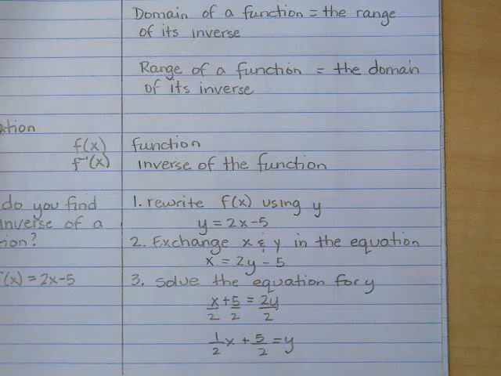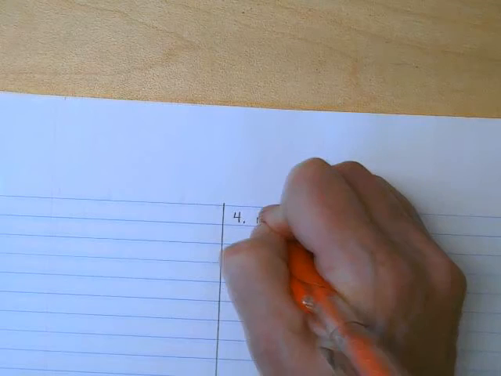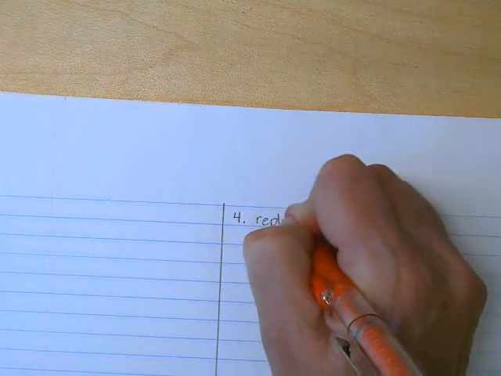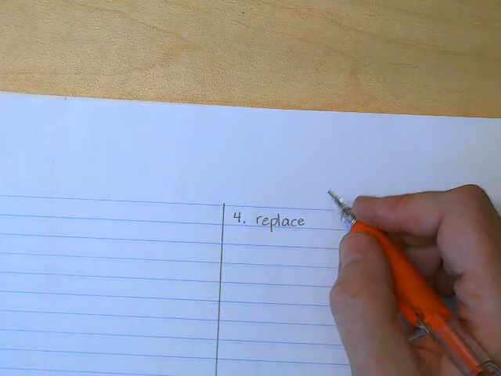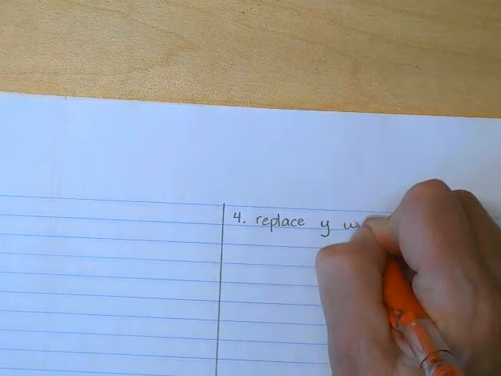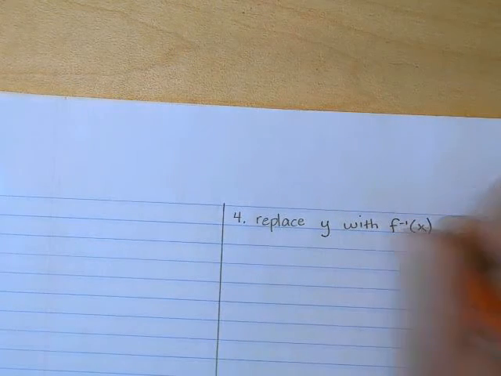Okay, so then what we're going to do, step 4, we are going to replace y with f negative 1 of x.